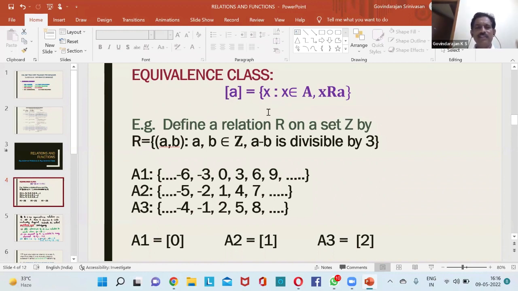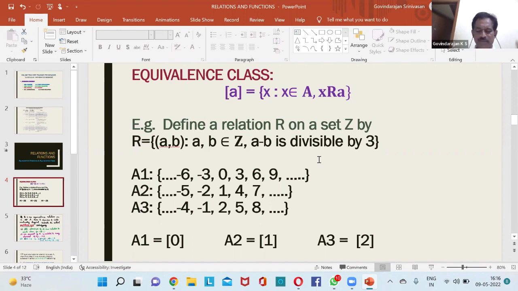For example, define a relation R on the set Z of integers by R equal to the set of all (A, B) such that A and B are integers and A minus B is divisible by 3. This is a simple relation. This relation is an equivalence relation; I don't think there is a need for proof. A minus B is divisible by 3.